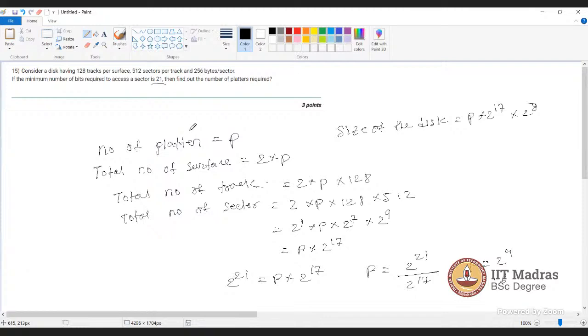If you know this concept of the magnetic disk, I think that is enough to solve this kind of question. Yes, sir, but in the previous term, in quiz 2 only, I saw a question about MTTF, and the concept used in that question was kind of beyond our scope.